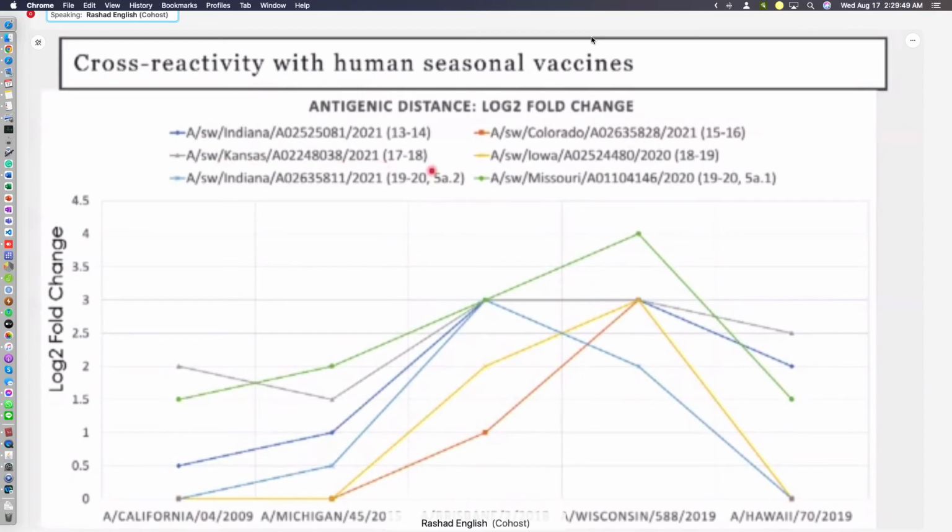To summarize all this, we saw a lot of human to swine transmission of PDM19s in the US, and there was a surge of PDM19 circulation in humans and pigs since 2018. Coupled with increased maintenance of PDM19 in pigs since the 19-20 season, that led to a unique pattern that we saw in the 2021 season, where we had high prevalence of PDM19 in pigs despite an influx of new human to swine spillovers.